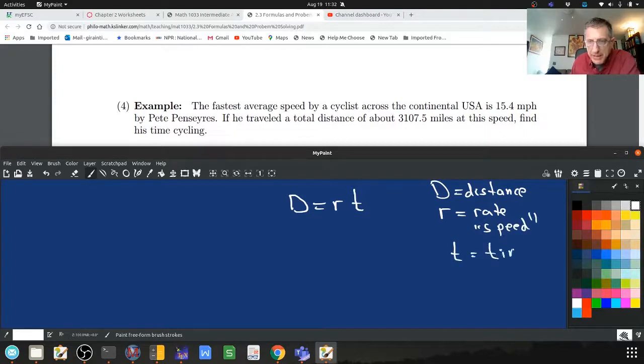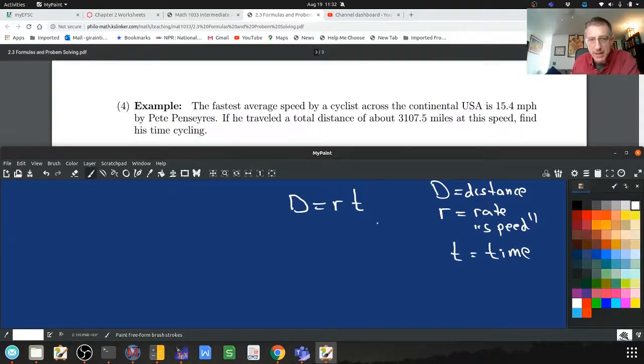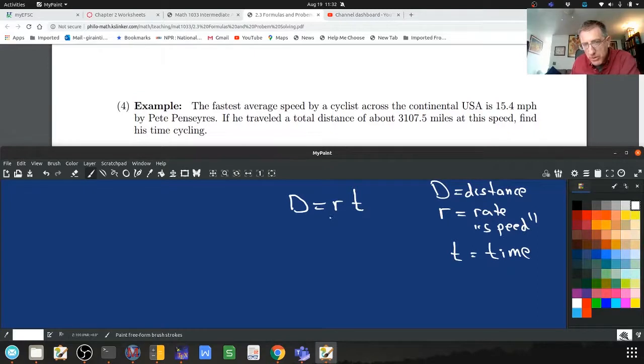We're asked how long, so we want to solve this formula for t, because we want to find his time cycling. So t is our unknown, and all we're going to do is divide both sides by r. We're going to get distance divided by r is equal to t.